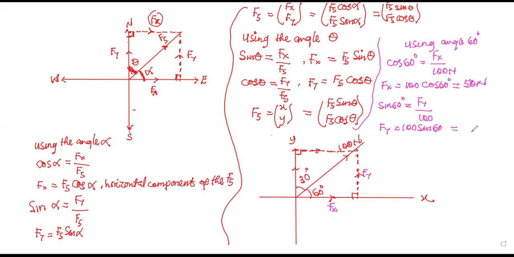Sine 60 is root 3 on 2. So this is equal to 50 times root 3 Newton. That is if I want to leave my answer in surds. You can leave it in fraction or decimal too.